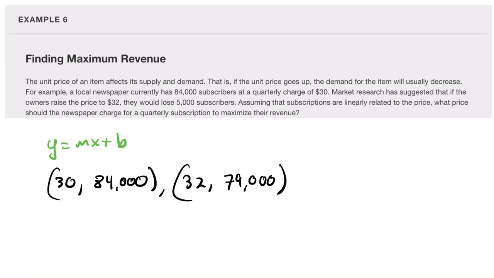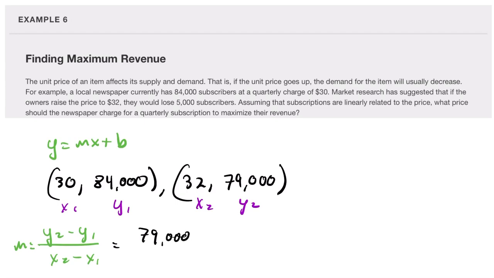Okay, I'm still not seeing the whole thing, but let's go ahead and find the equation of the line that's relating the price to the number of subscribers. So it looks like we need the slope. That's going to be y2 minus y1 over x2 minus x1. I like to label, so let's say x1, y1, x2, y2. So we have 79,000 minus 84,000 over 32 minus 30.